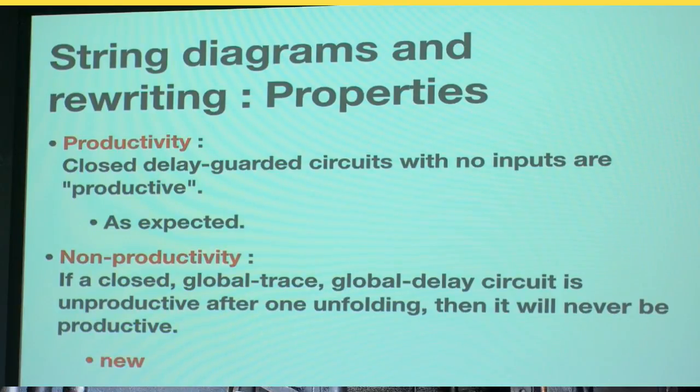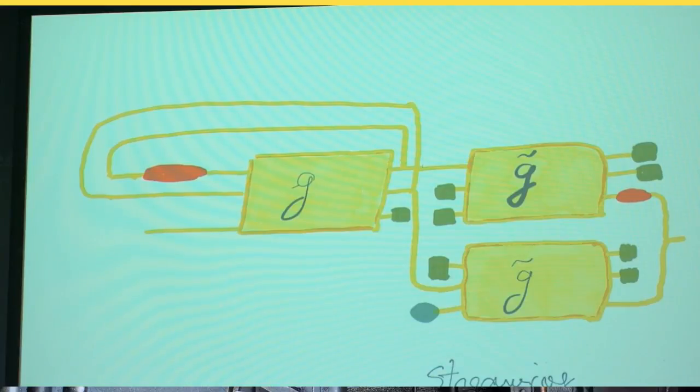But something that was not done before is that we can have an effective characterization of unproductive circuits. So we can prove that after one unfolding of the iterator, if there's not enough information here to simplify this circuit so that you get some output out of it, then you are stuck there forever anyway.